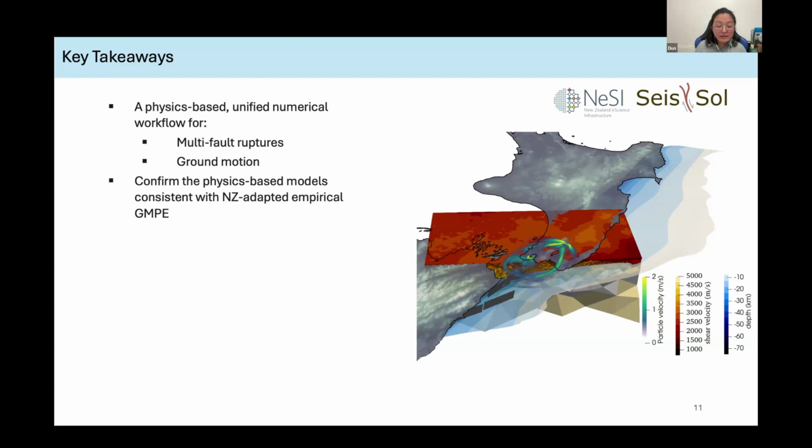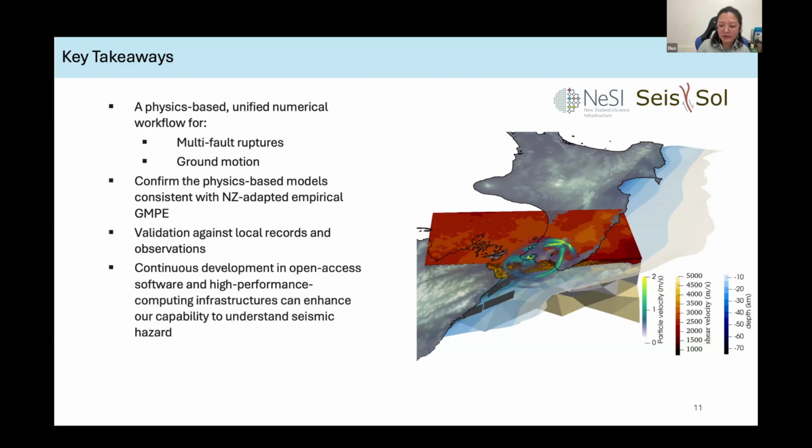And the other is we also check the consistency of our simulated ground motion with empirical ground motion GMP that has been adapted to New Zealand data, and we validate our local scale ground motion simulation specifically for the site response in the basin, in the shallow velocity basin scenario.